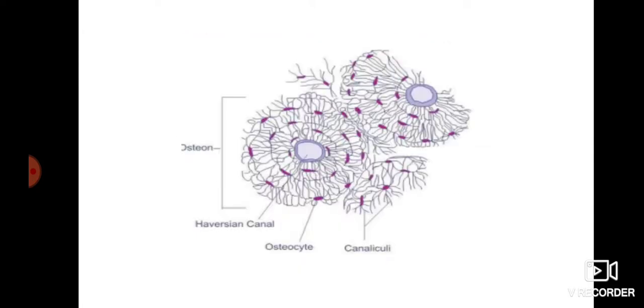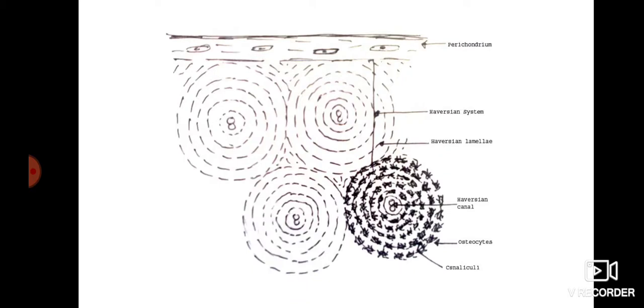In both pictures, you can see a Haversian system. So a Haversian system is the structural unit present in the compact bone. That means compact bone is made up of several Haversian systems. Here in this picture, you can see 1, 2, 3, 4 Haversian systems. Several such Haversian systems are present in a compact bone.